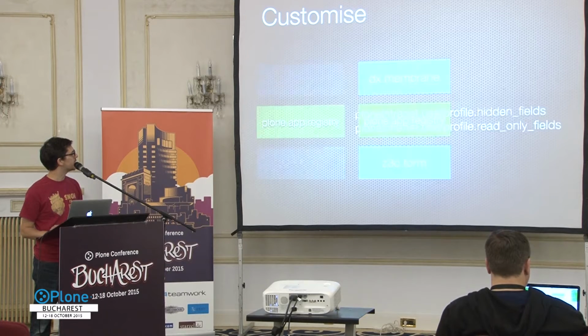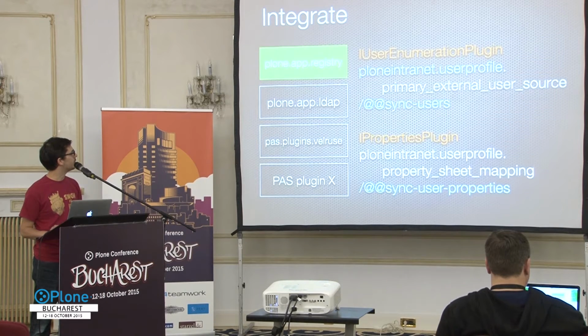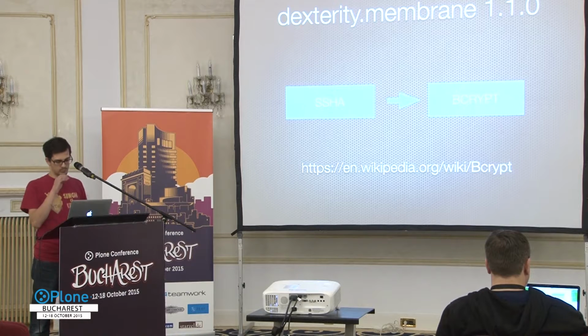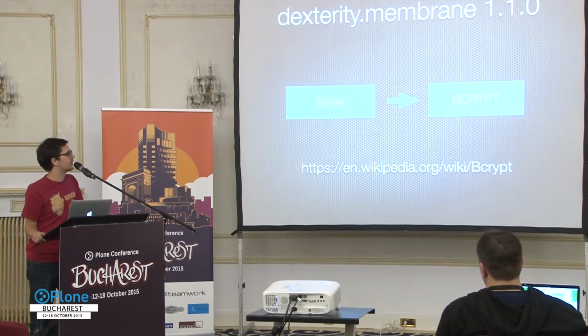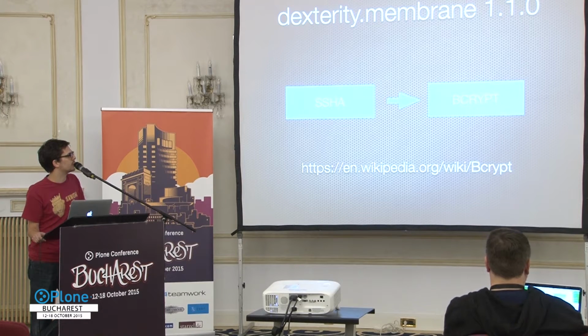Just as a note to end on, we at NetSite have recently been through ISO 27001, which has caused us to evaluate a lot of our software security. So as part of this user profile work, we also recently updated Membrane so that its default hashing algorithm for passwords is now bcrypt.